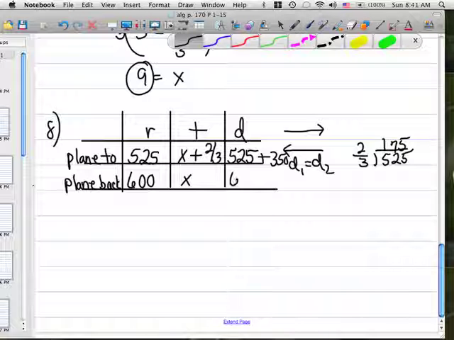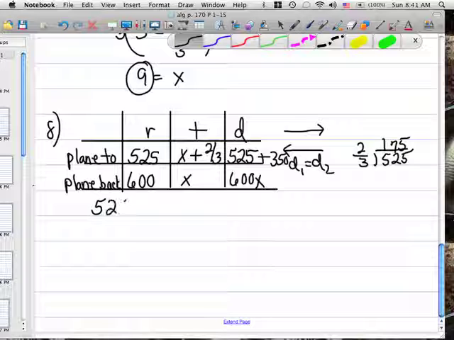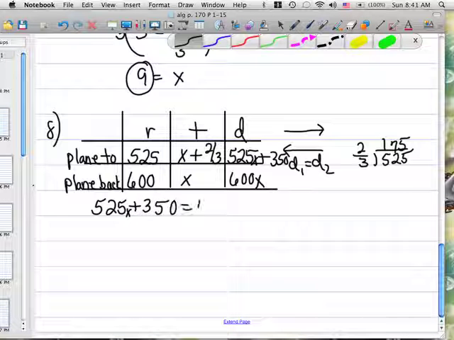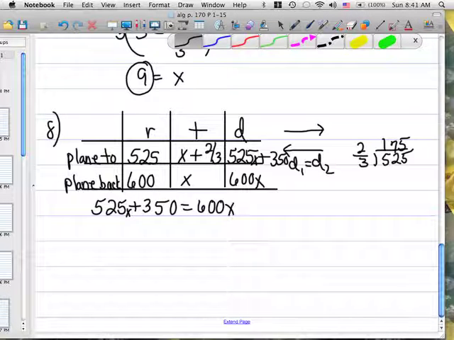And 600 times x is 600x. And the two distances are equal. So 525x plus 350 has to equal 600x.